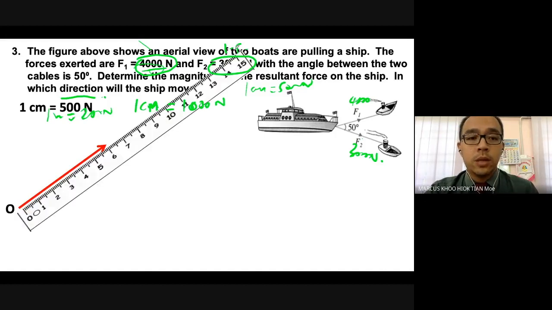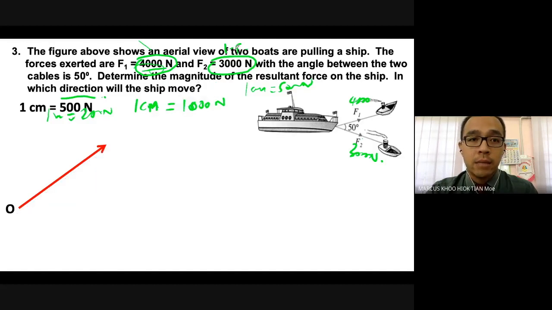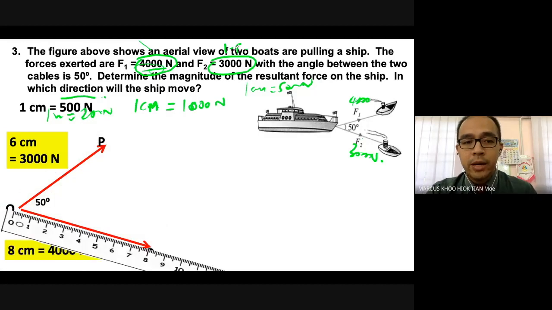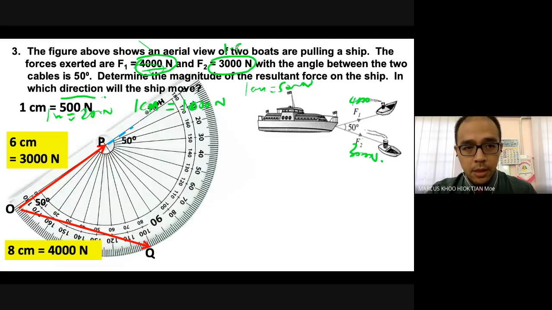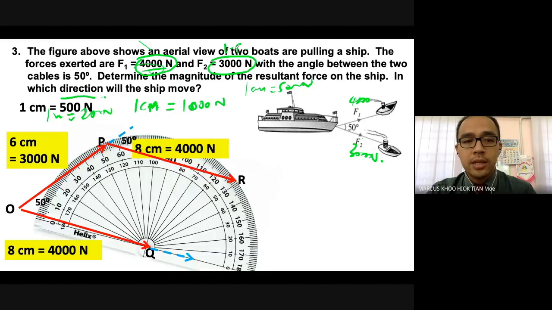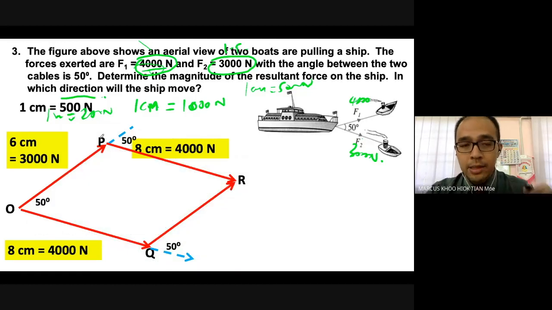So 500 means you are going to have 6 cm for the 3,000 newtons. Ini salah sudah ini actually. Dia terbalik. Anyway, it's okay. So same concept. You draw the parallelogram, you finish it. Everything is 50 degrees. Ini actually silap sudah. But the method is still the same.